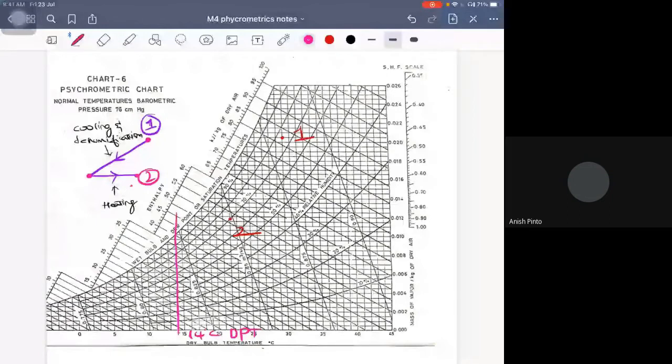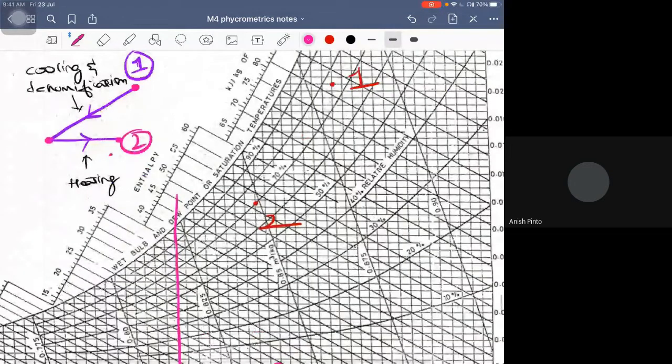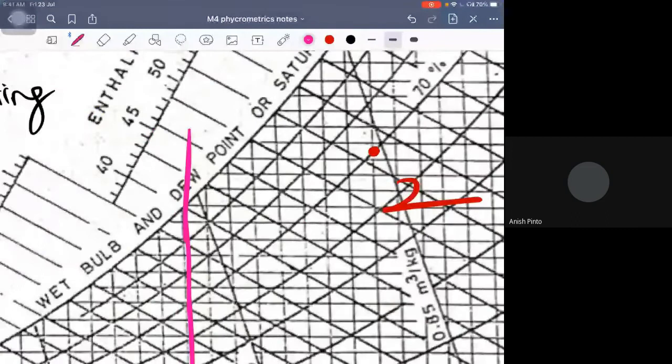Drawn? Yes, sir. Okay, now, where it cuts the extreme saturation line, for example, this particular point, isn't it? So here it cuts the saturation line.